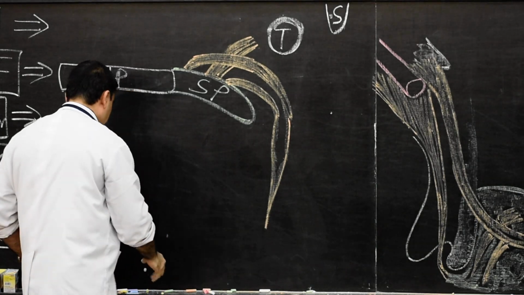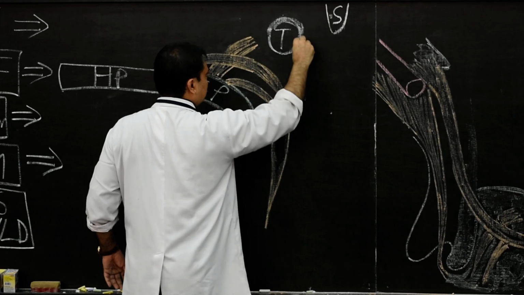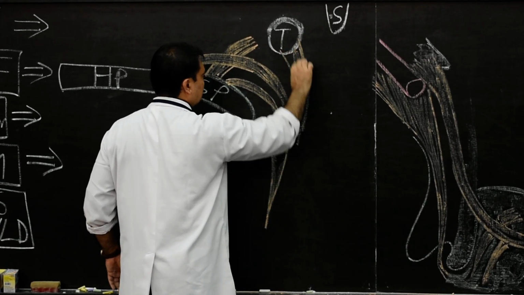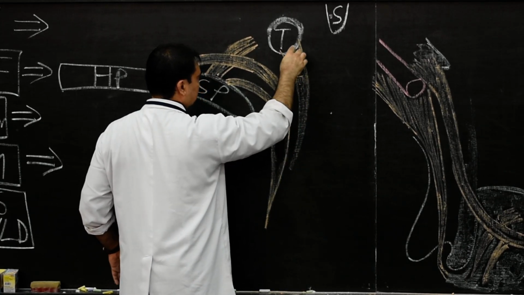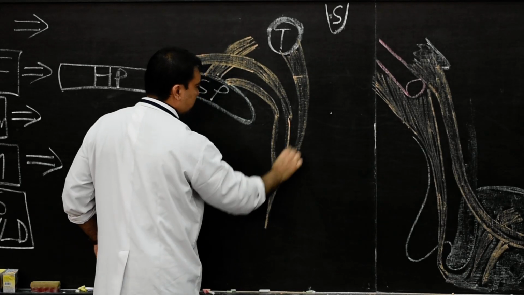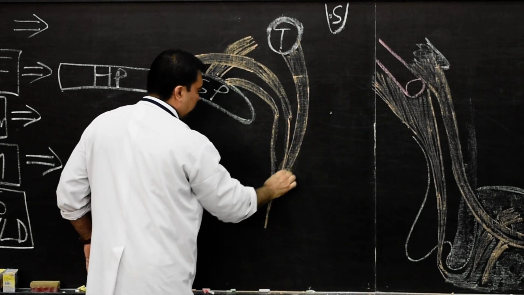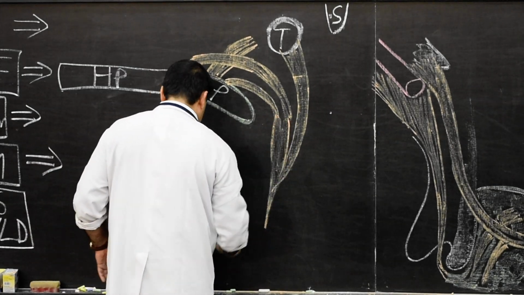From the tubal opening of the auditory tube another muscle is coming down. The name of that muscle is the salpingopharyngeus muscle. This muscle, from the tubal opening of the auditory tube, merges with the palatopharyngeus muscle.